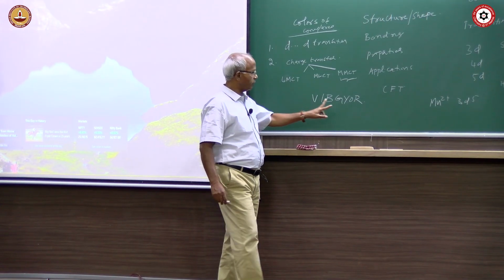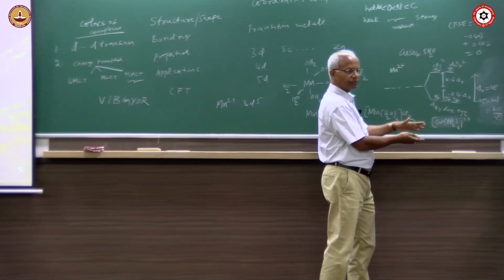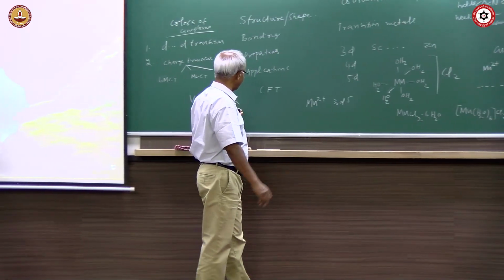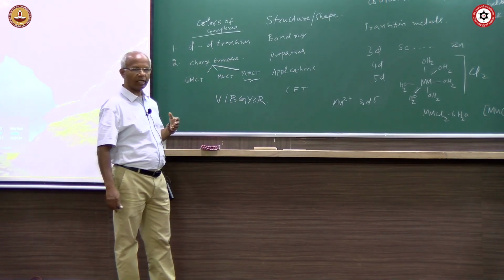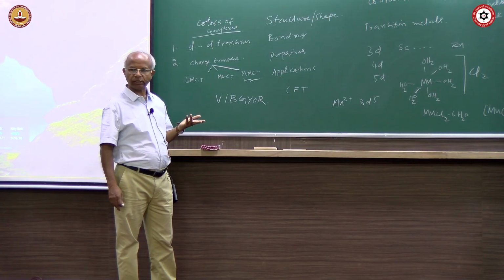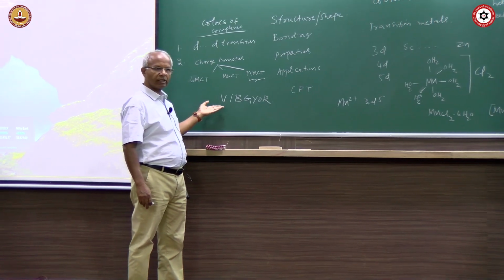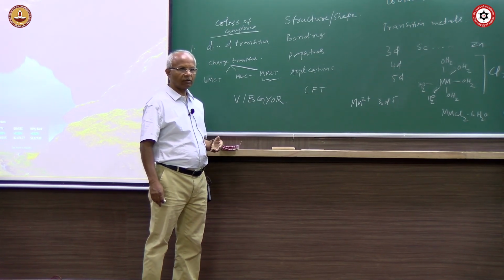So if it is red, what it means is the energy separation between these two is small, because the red wavelength is somewhere around, let us say, 700, 800, whereas the violet or blue is somewhere around maybe 600. So obviously the energy of the violet is much more than the energy of the red.